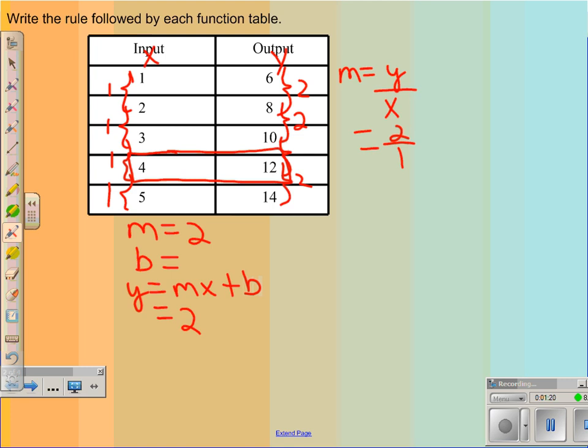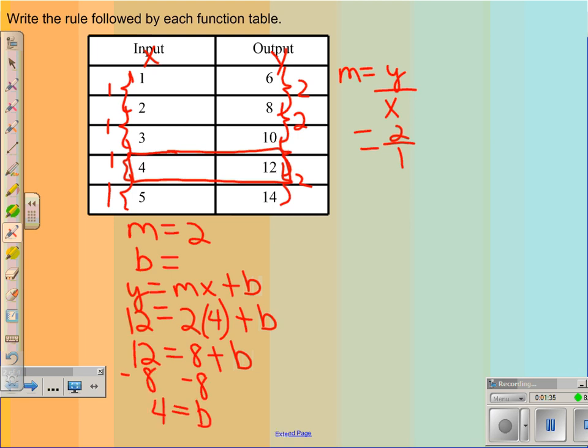So in other words, 12 is y and 4 is x, and we want to find b. So I got 12 equals 8 plus b. To solve for b, I just want to subtract 8, and that's what 4 is equal to b. So I'm going to go back and put that in because I need both m and b to write the equation. So my final equation is y is equal to 2x, plus a positive 4.